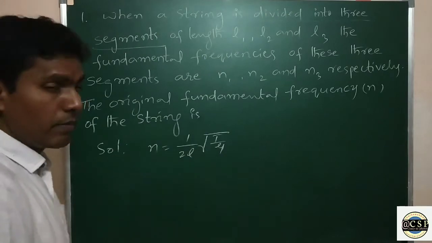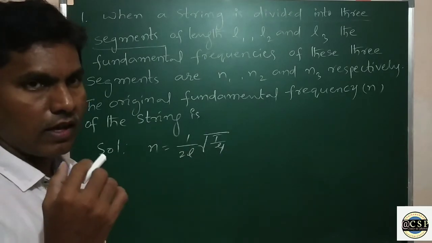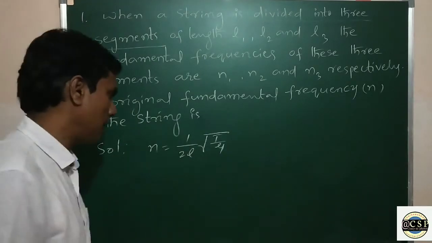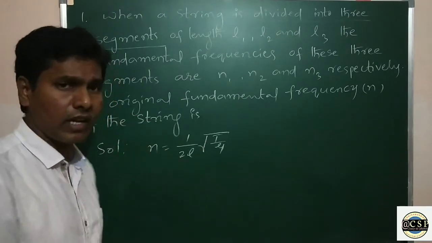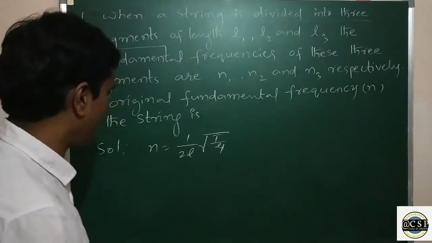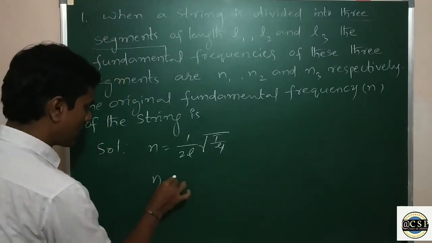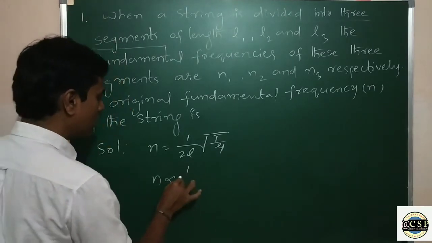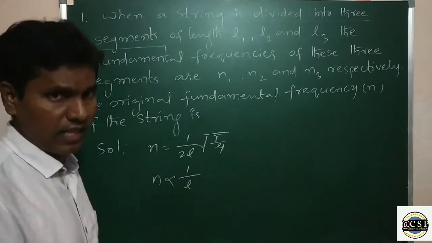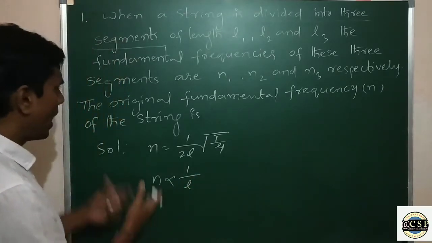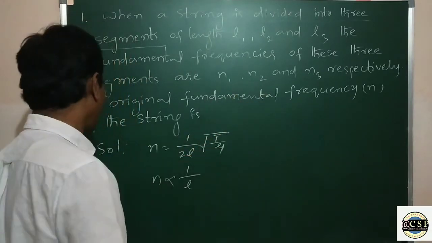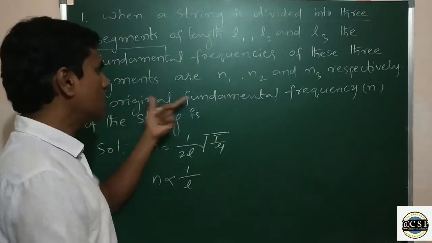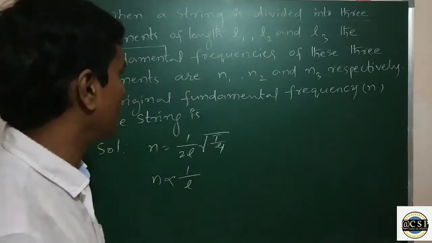This is the fundamental frequency of vibrating string formula. According to that formula, the tension and the linear density are constant, so the relation can be written as n is inversely proportional to the length of the string. Now we have to calculate the original fundamental frequency of the string.